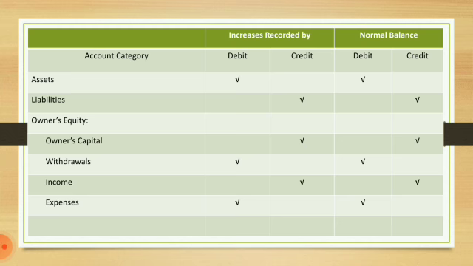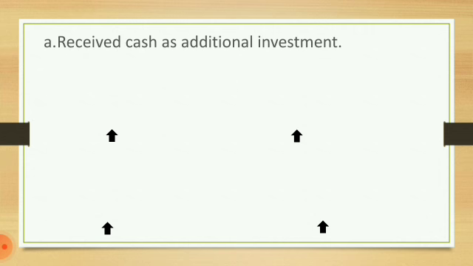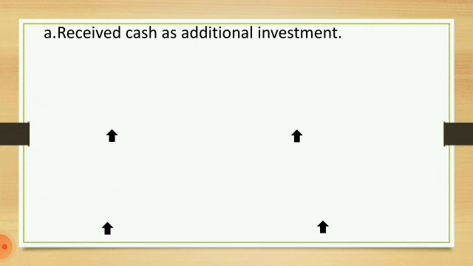Now let's have some concrete examples so that these things will make sense. So for example, received cash as additional investment. You have to take note that when you analyze business transactions, you have to remember or assume that you are the accountant of the company or you are the company itself.